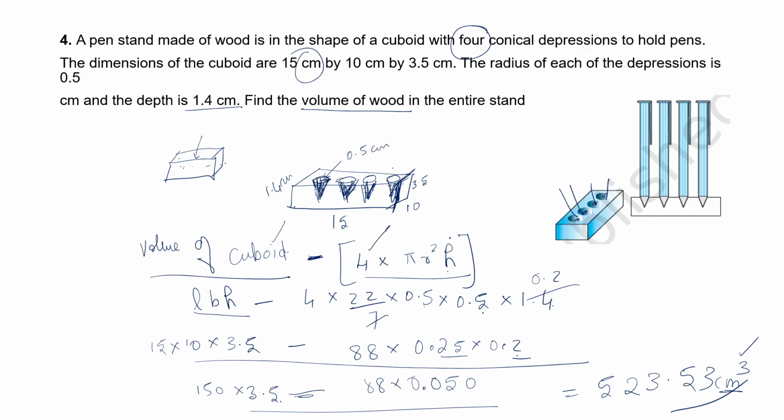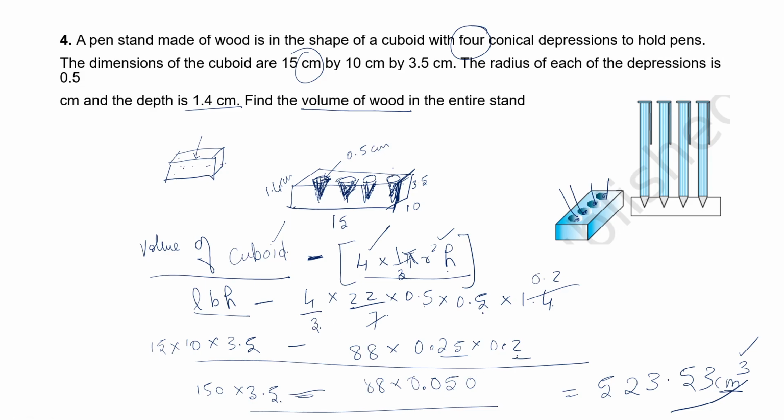Since the depression is in the form of a cone, we have to use 1 by 3 pi r square h. So there will be a divided by 3 here also.